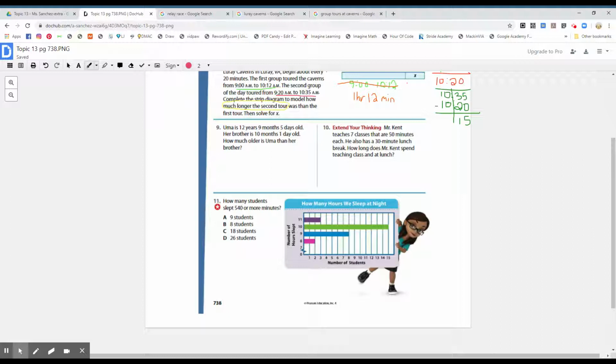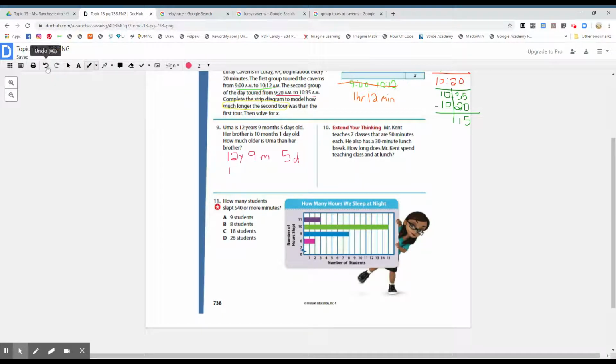And this, boys and girls, looks like the previous page where they set it up for you and you just had to regroup and subtract. Okay, so we have Uma is 12 years, 9 months, 5 days. And her brother is 10 months.